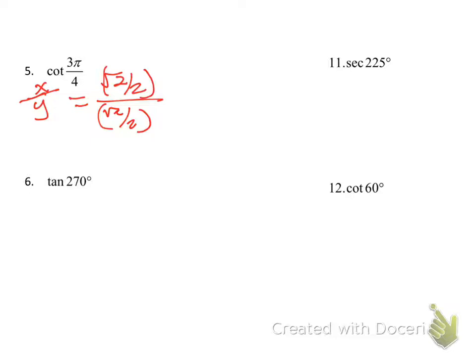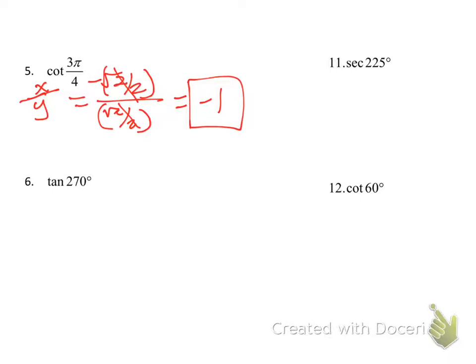Okay? Now, in quadrant 2, your x is negative, your y is positive. So these cancel, and you're just left with negative 1. Okay? Again, you can check on your calculator. Just type in, instead of 1 divided by tan, but instead of 3 pi over 4, you type in 135. You should get negative 1.